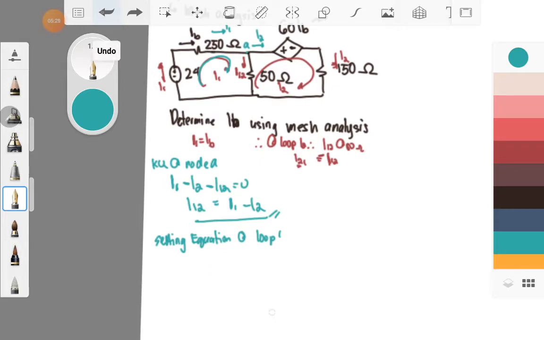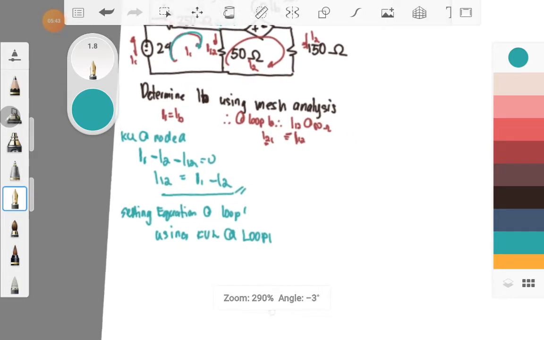Let's put it in terms of voltage. Since it is KVL, using KVL at loop 1, we have negative 24 volts because we enter the negative terminal, plus the voltage at the 250 ohm, plus the voltage at the 50 ohm. Take note that for a resistor, if you do not reverse the current, the voltage is always positive, because a resistor is a passive element which absorbs power. So this equals 0 via conservation of energy.